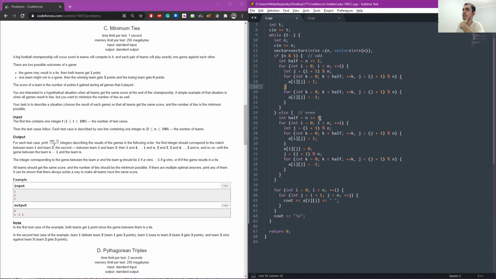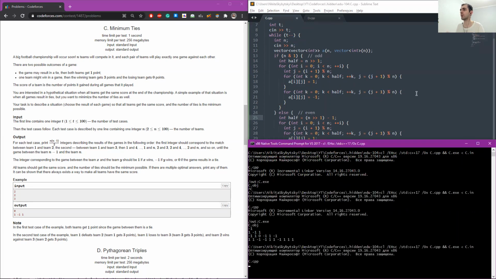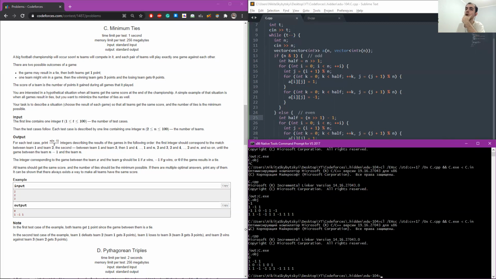And I'm thinking that here we actually want one less gap. If we have 2 teams, we don't want 1 gap, the half is 1 less. Let's think what it means. We have 4 teams. First wins from second, draws with third, loses to fourth.